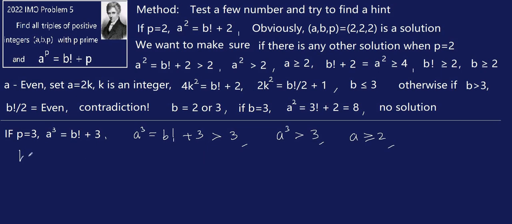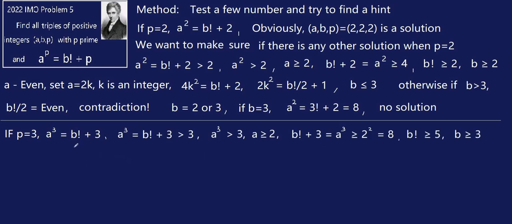Then b factorial plus 3 equals a cubed, which is greater than or equal to 2 cubed, which is 8. That means b factorial is greater than or equal to 5, 8 minus 3. So b must be greater than 2, and b can be greater than or equal to 3, because 3 factorial is 6.